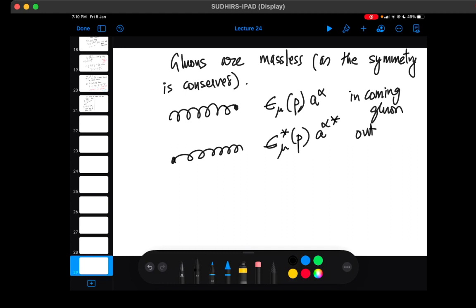So this is given by, normally this lambda i is not there. So depending upon i and j of the quark, you would have this factor sitting in. You can put that also.